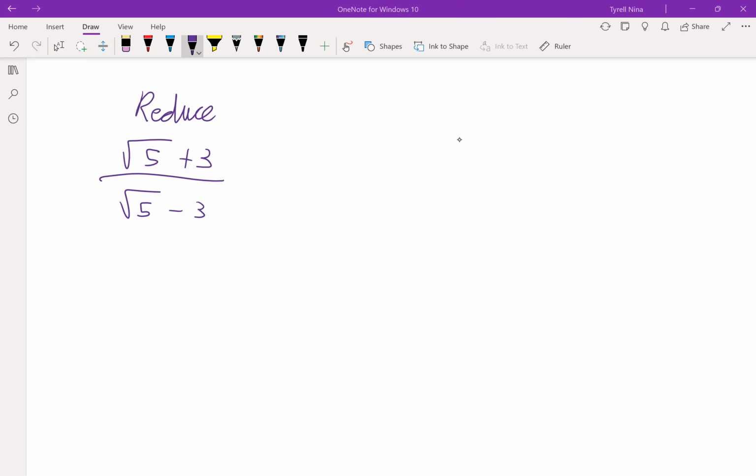Now, when you reduce something, you try to get rid of the surd in the denominator. Surds in the numerator are fine. When it goes on the denominator, that's when it gets very iffy. I don't like it.